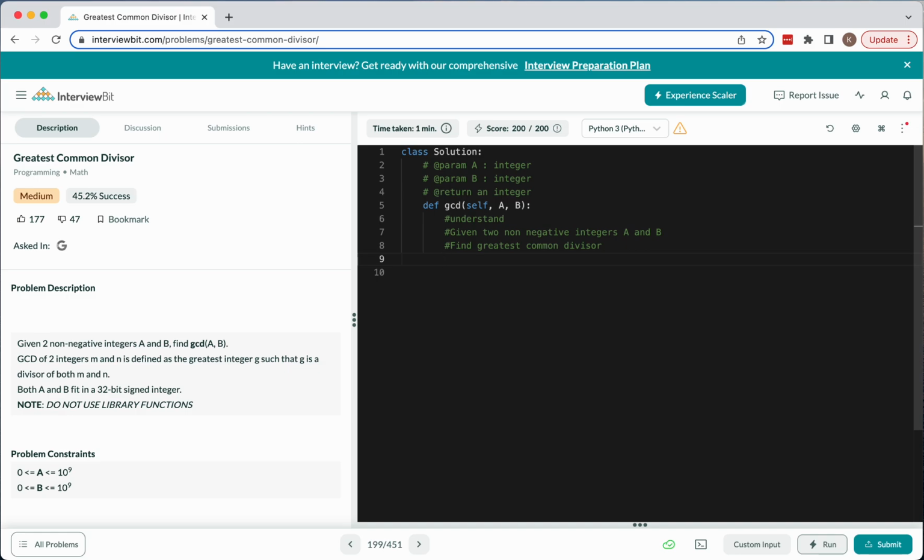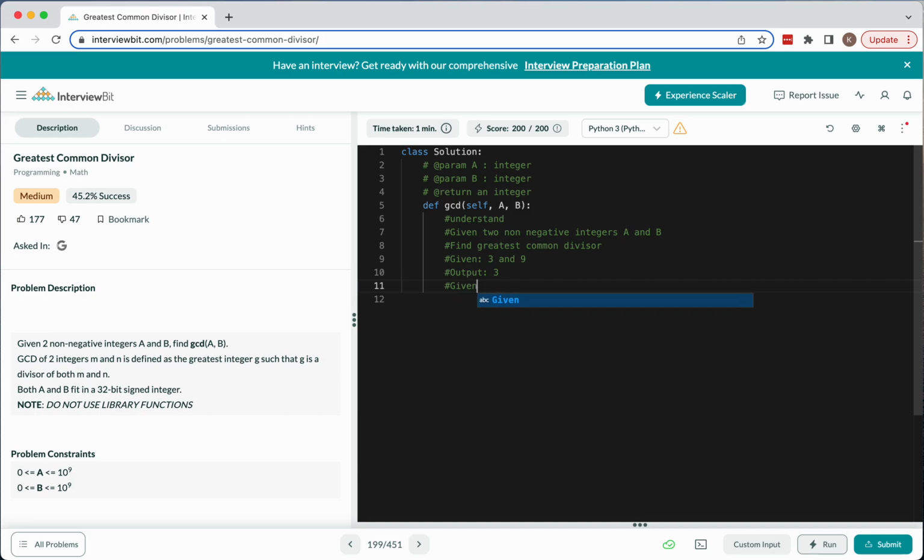So the GCD of two integers m and n is defined as the greatest integer g, such that g is a divisor of both m and n. So for given 3 and 9, we would want to output 3 because that is the greatest common divisor between those two numbers. 3 is divisible by both 3 and 9.